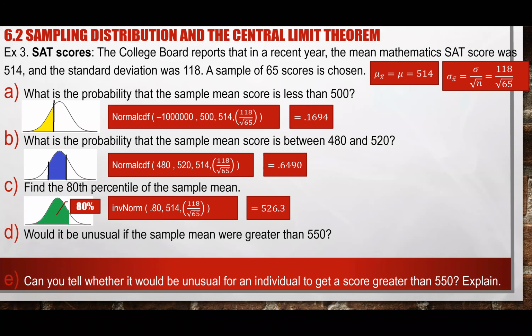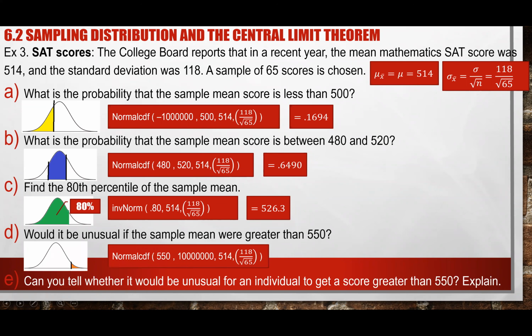Meaning they ask you, what is the probability of a sample mean greater than 550? So in order to find this probability, this is 550 somewhere here, and we need to look for the area under the bell curve greater than 550.